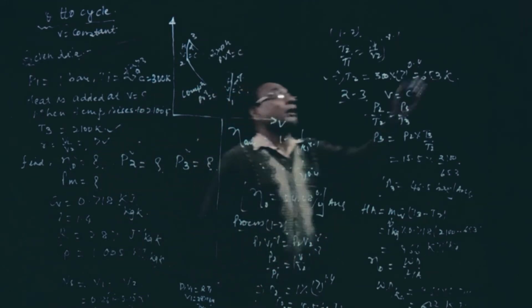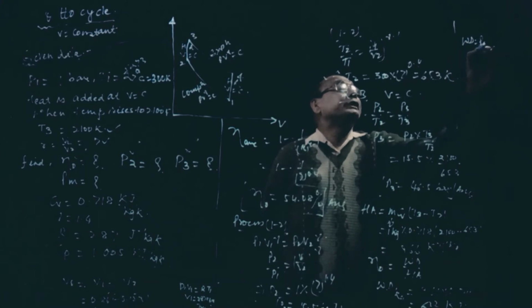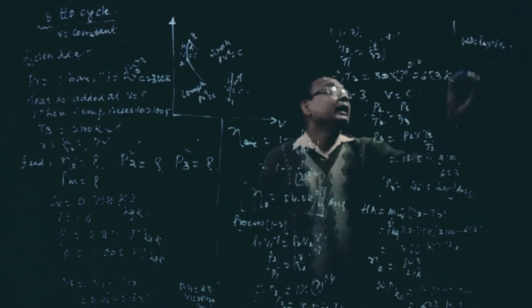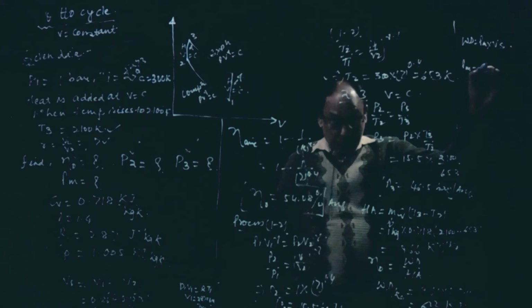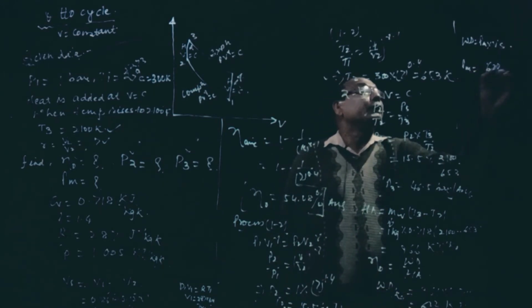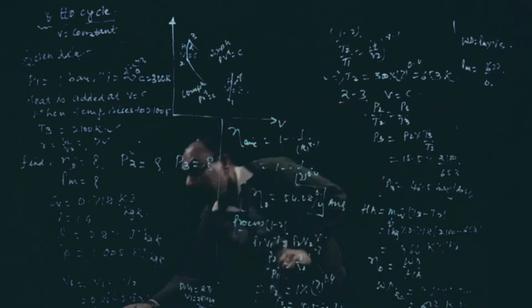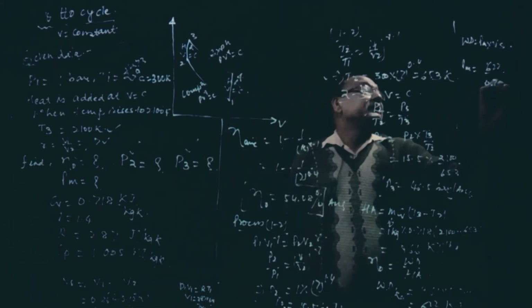After knowing the stroke volume, work done will be equal to PM into Vs. Okay, so PM will be equal to work done, which we have found out here as 622, remember kilo, divided by Vs, which is 0.738.